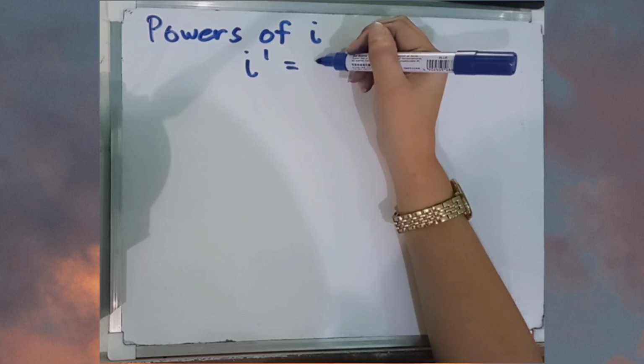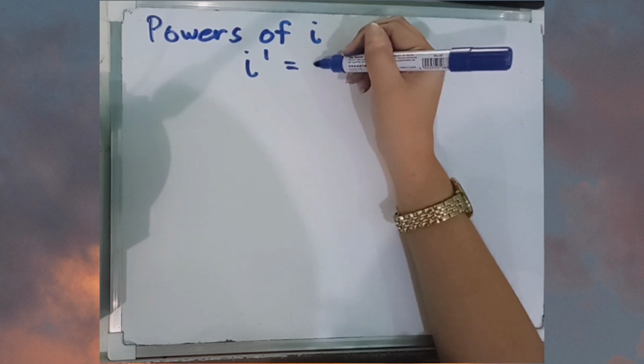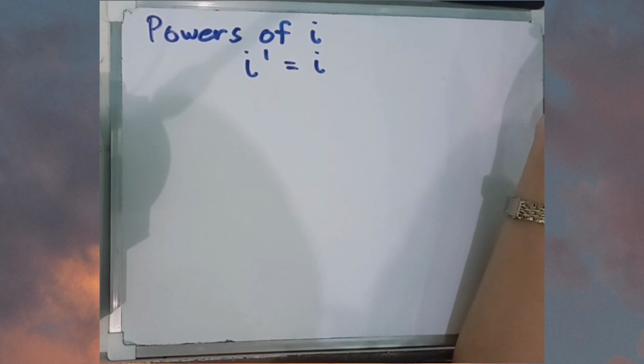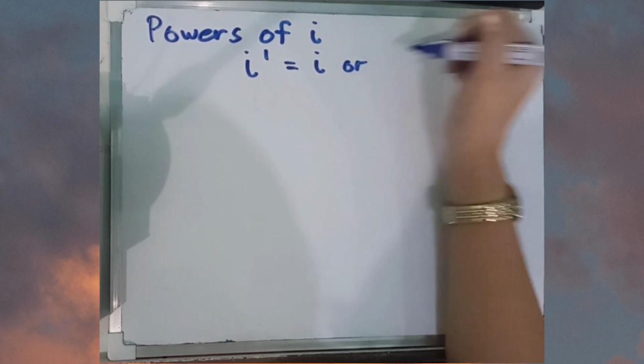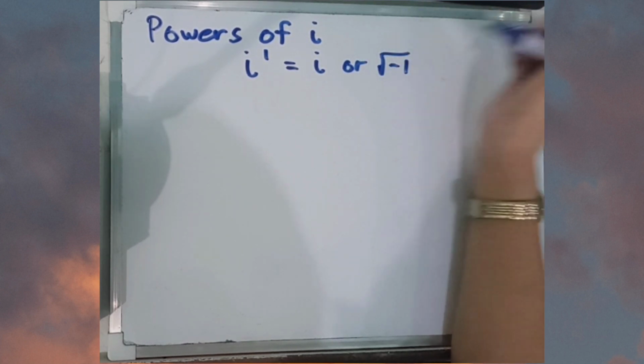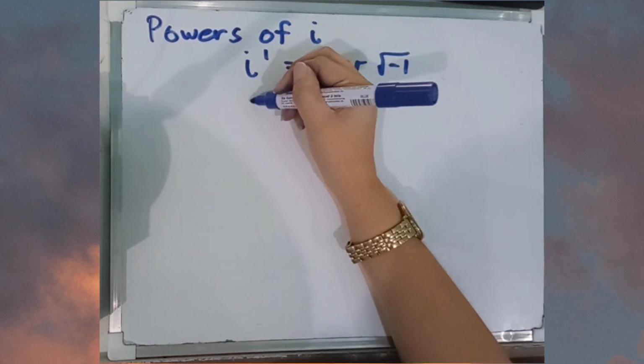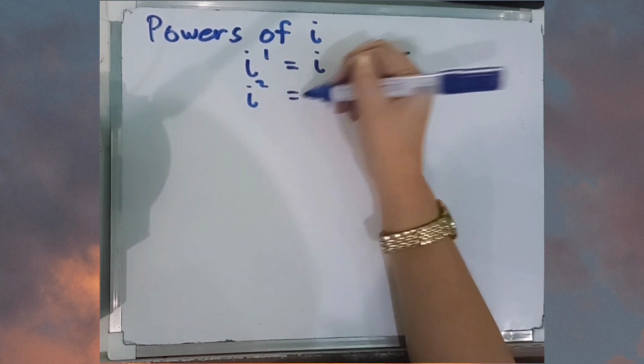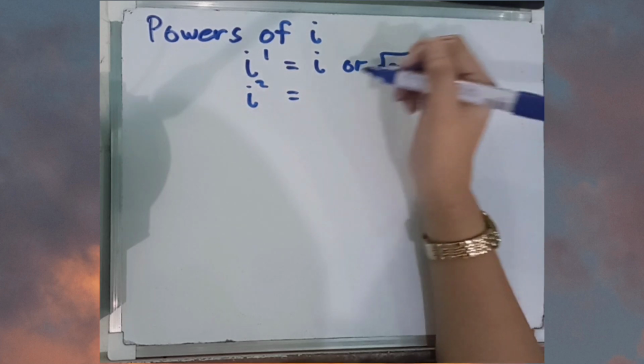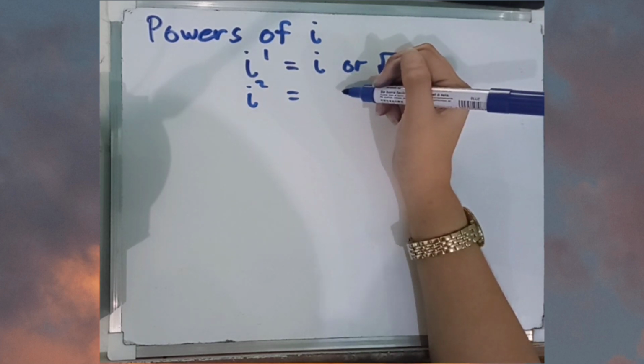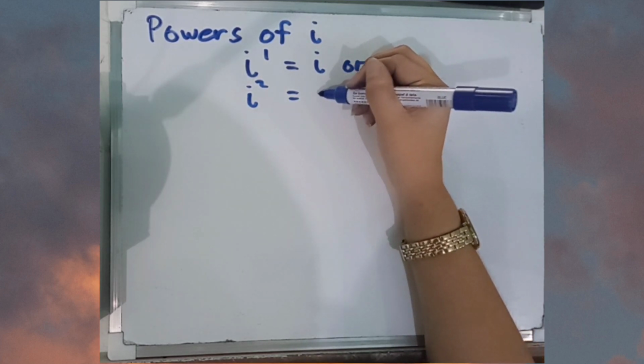Or that's the square root of -1. Now, if we have i squared, we know from the previous examples that i squared is equal to -1.